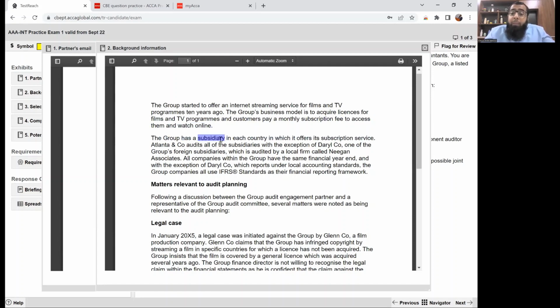The group has a subsidiary in each country in which it offers its subscription service. Atlanta & Company audits all of the subsidiaries, with the exception of Darrell Company, one of the group's foreign subsidiaries, which is audited by a local firm called Negan Associates.